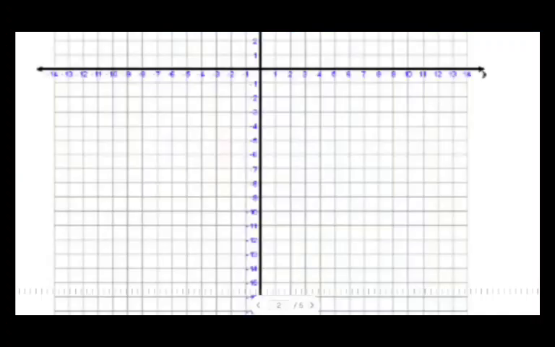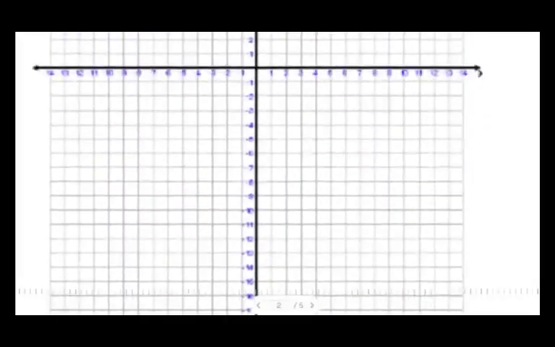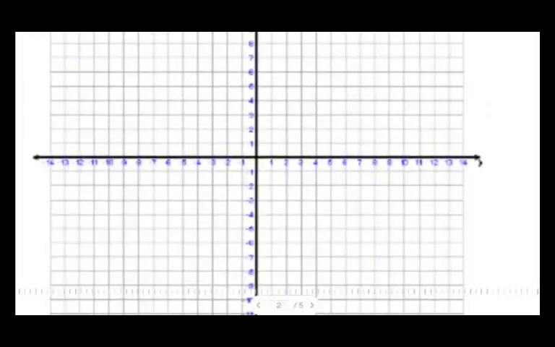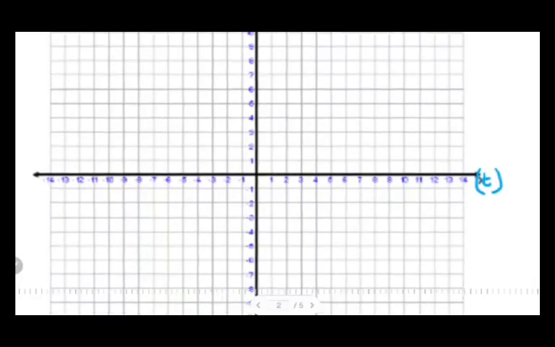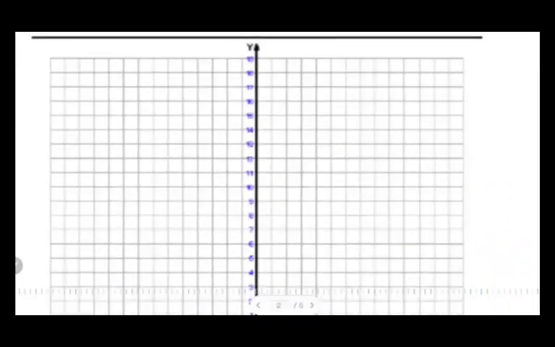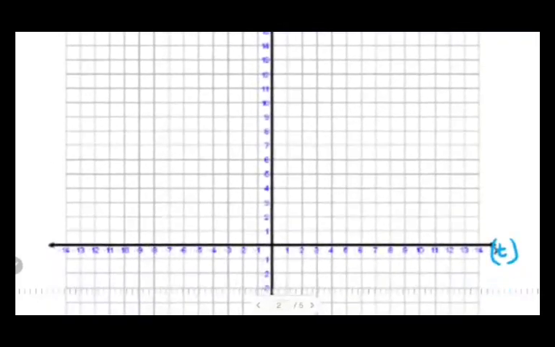So 1 and 2.5. Let this be T. Time normally has to be on the x-axis, and here N is going to be plotted. So for 1 second, this is my 1, so 1 second 2.5.